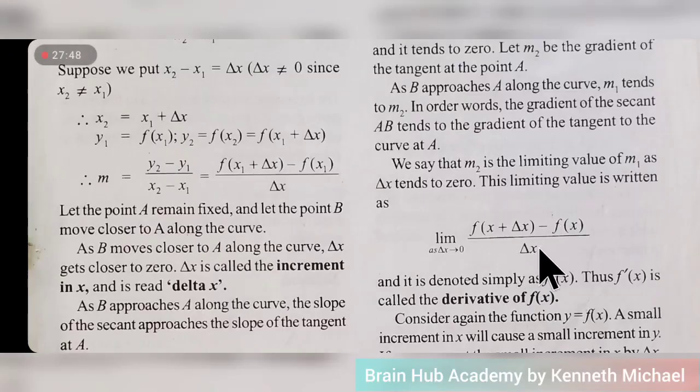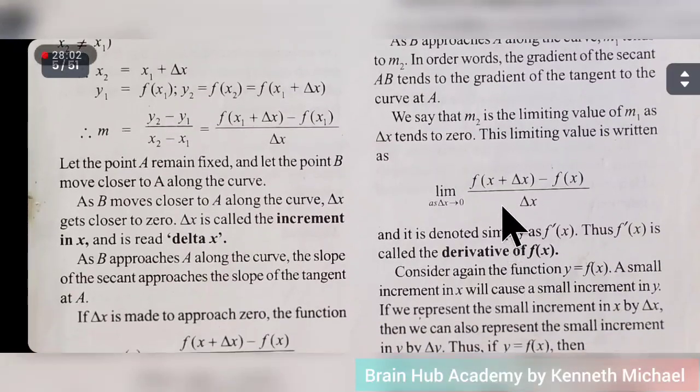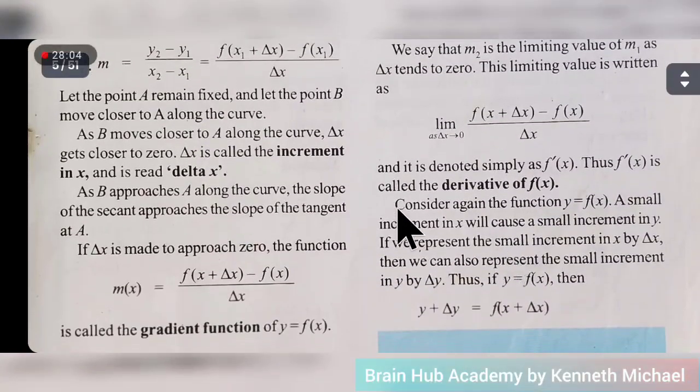So if we take this delta s to turn to 0, we introduce lim. Introducing this lim, this delta s is now approaching 0. The change is approaching 0, and it is denoted simply as f prime of s. That is the first derivative of s. Thus f prime of s is called the derivative of f of s.